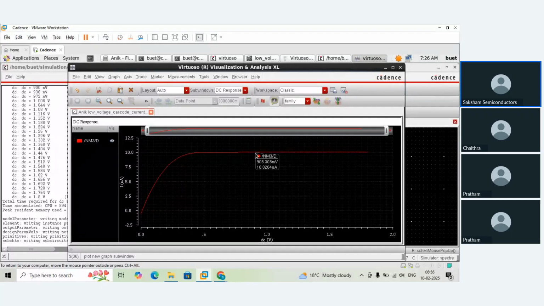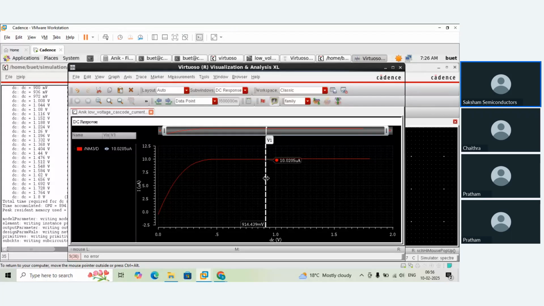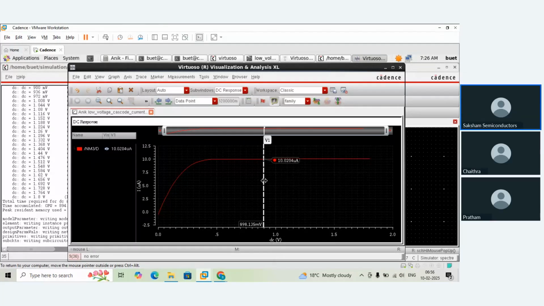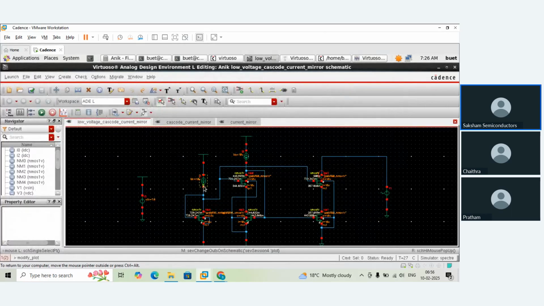And if I press the vertical line and mark it at 900 millivolts, exactly at the center line, I see it's exactly 10.0204 microampere, which means exactly 10 microampere is being mirrored over here.